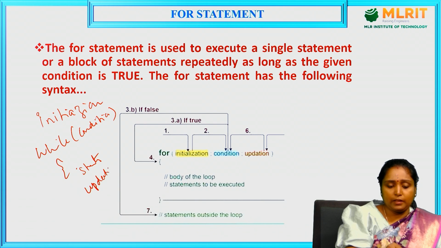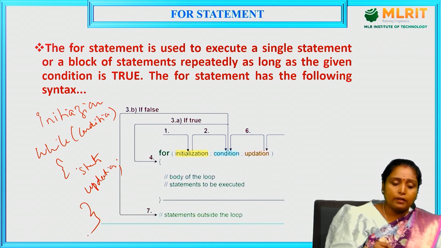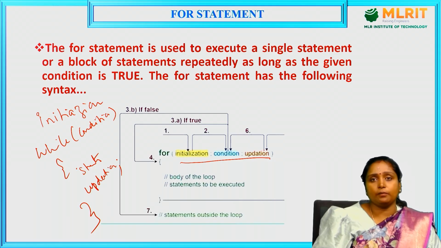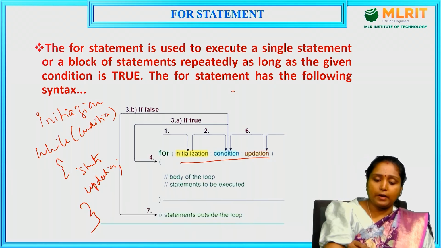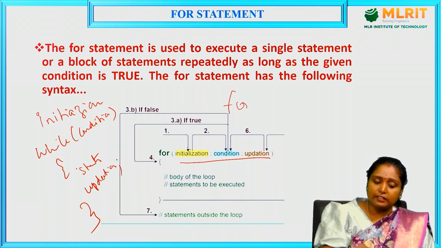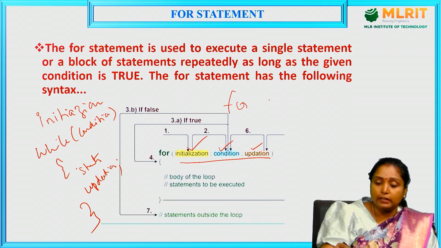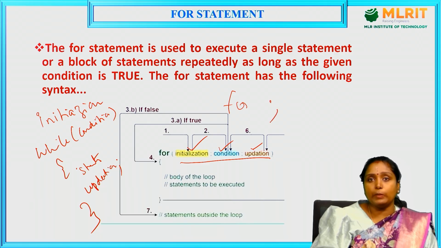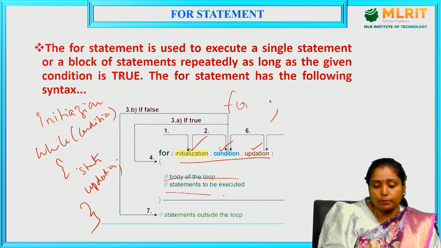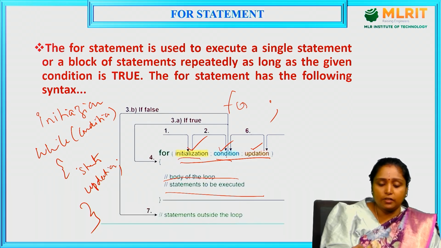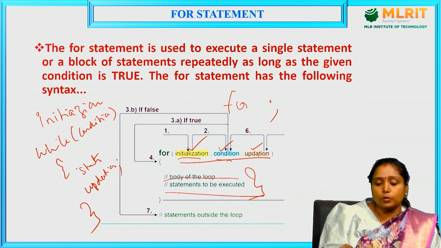When it comes to the for loop, the three statements are in the same line: initialization first, second the condition, and next the updation part. Each is separated with a semicolon. Then you write the body of statements. So first it will initialize, then it will check the condition. If the condition is true, it will execute these statements, and then it will go to the updation part.